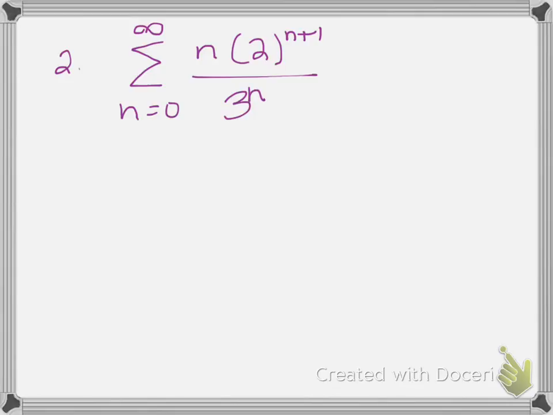Alright, if I'm going to do this by the ratio test, I'm going to start off by plugging in an n plus 1 in all the n places. When I plug an n plus 1 up there, that's an n plus 2. And then I divide it by the original, which means I flip the original.